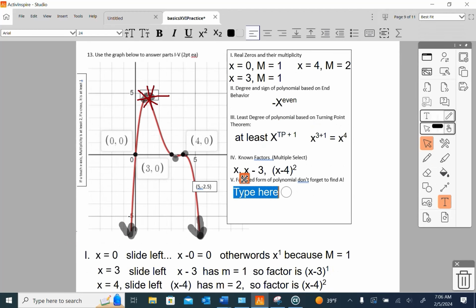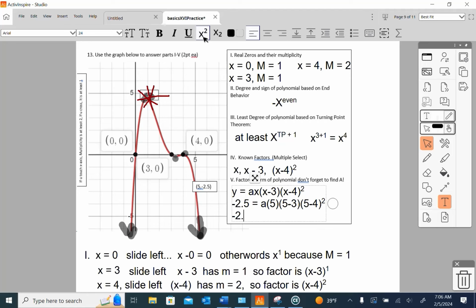So the factored form is going to be written in the form of y equals a times x minus 3 times x minus 4 to the second. And I've got this point right here that gives me an x and a y. Negative 2.5 equals a times x, and x is 5. 5 times 5 minus 3 times 5 minus 4 to the second.